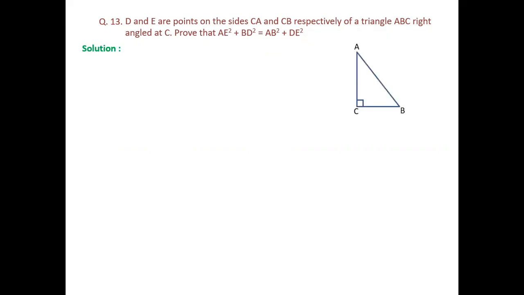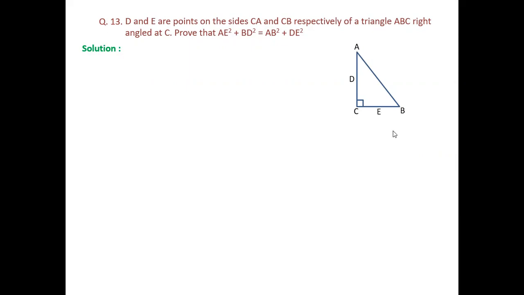This is a right triangle, right angled at C, and ABC is the triangle. Now D and E are points on CA and CB. CA is here, so there is a point D here. CB is here, so there is a point E here.